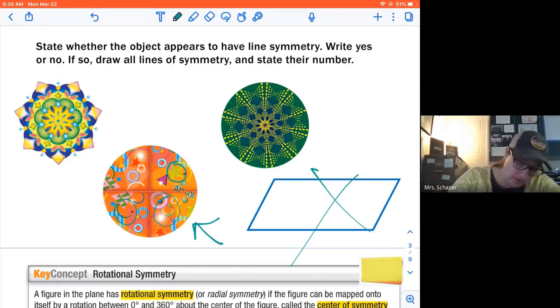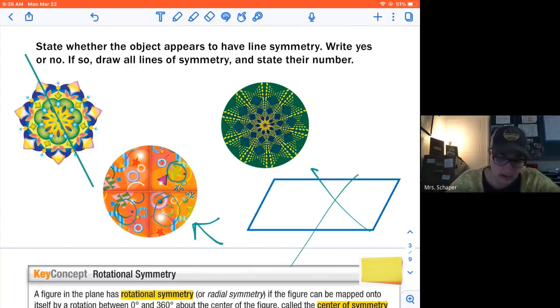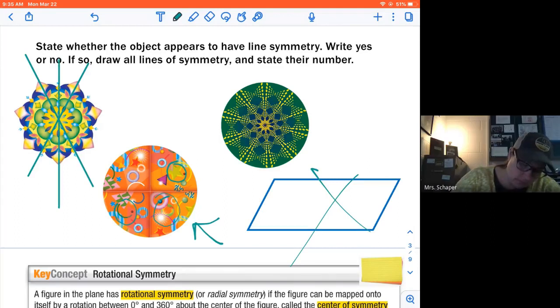This figure up here on the left is going to have some line symmetry. Let me see if I can pull it over a little bit. There we go. So it's going to have some line symmetry all the way through. How many line symmetries does it have?